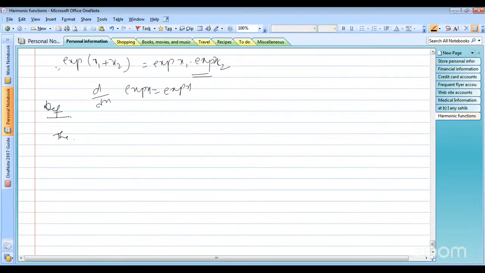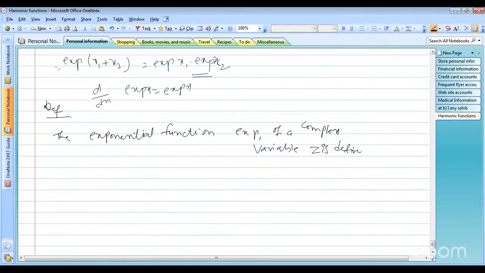The exponential function of a complex variable is defined by exponential z is equal to e power x (cos y plus i sin y), where z is equal to x plus i y.